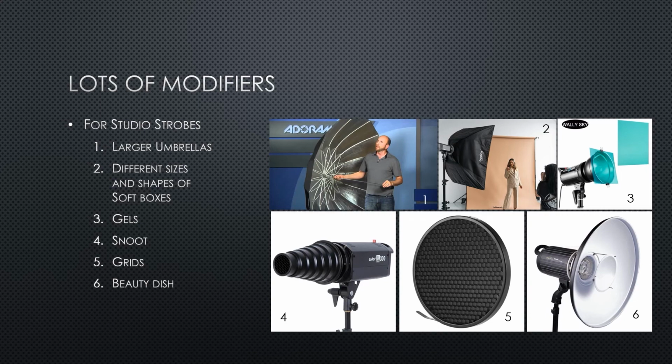And finally, number 6 shows a beauty dish, which is a really specialized type of reflector that bounces the light off of the smaller white plate in the middle and bounces it back out into the bigger white dish on the outside. The beauty dish is really common in high-end makeup shoots. The look from the beauty dish is really similar to what you see in the ring lights from YouTubers and such like that.